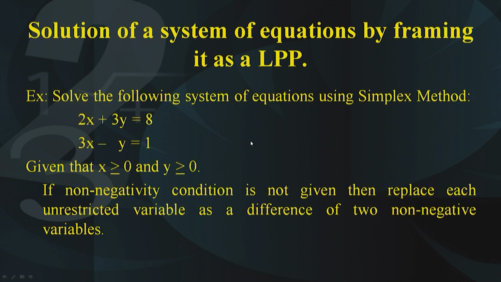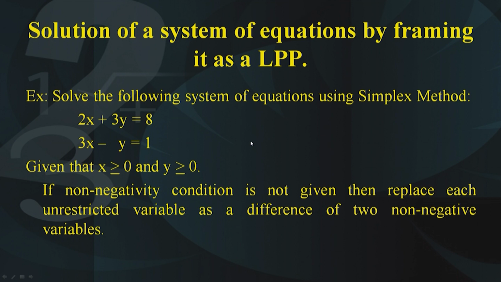So, let us see how this has to be done. As an example, let us suppose that we have to solve the following system of two equations in two unknowns: 2x plus 3y is equal to 8, and the second one is 3x minus y is equal to 1. Now, let us suppose that x and y are both greater than or equal to 0.